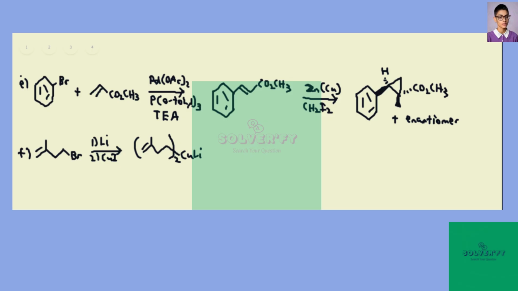Gets us to here. And then we can do a coupling reaction with an alkyl halide. And in this case, the alkyl halide that we want is just going to be bromocyclohexane. Okay, and so that gets us to here.